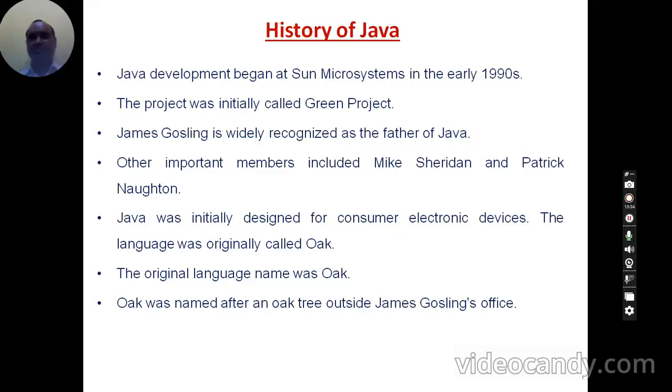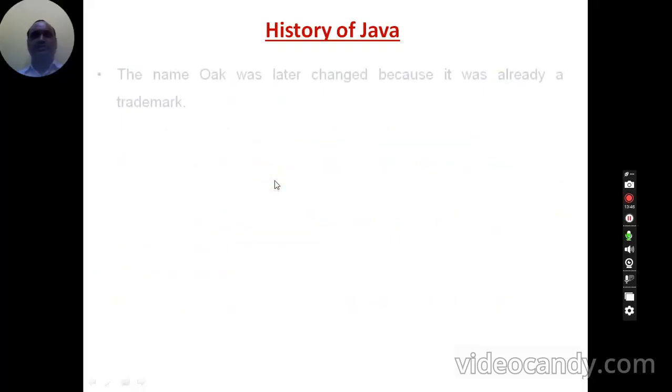Therefore, for people who are familiar with C and C++, it is very easy to learn Java. And some of the concepts that they found very complicated in C and C++ were removed in Java, and they made Java a very simple language.